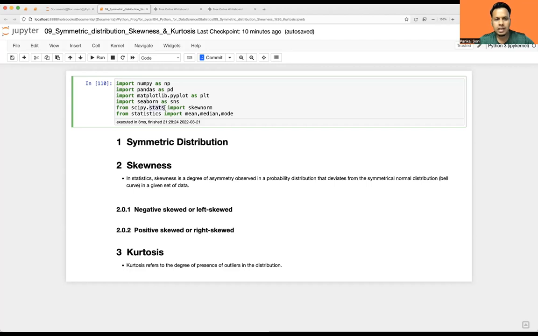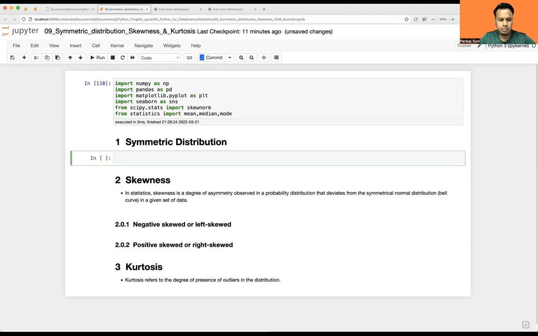Under that, we have the stats library, and in this library we have something called skewnorm. From a normal distribution, it will create skewed data, and we will do the KDE plot for that. Using the statistics library, you can calculate mean and mode directly, because in NumPy you may find mean and median, but mode is not there, right? So I think this is the library to get all the data properly.